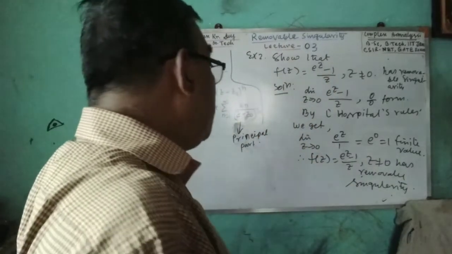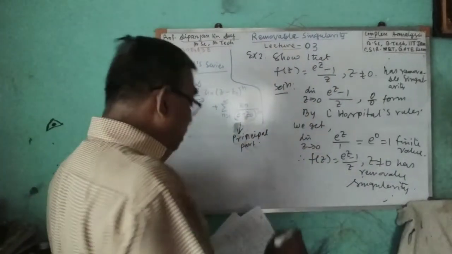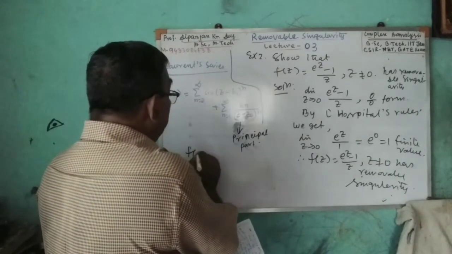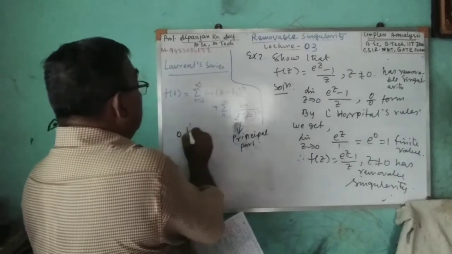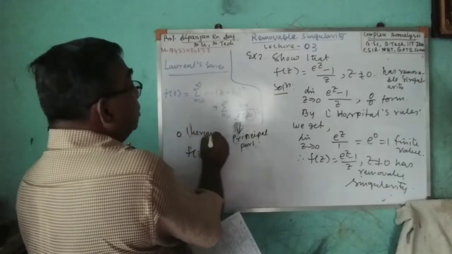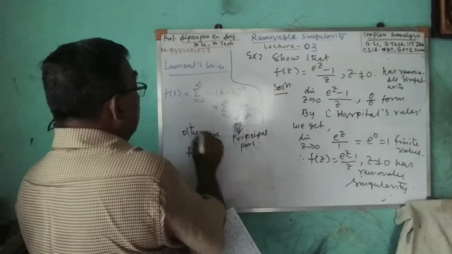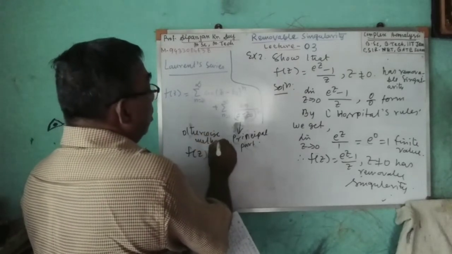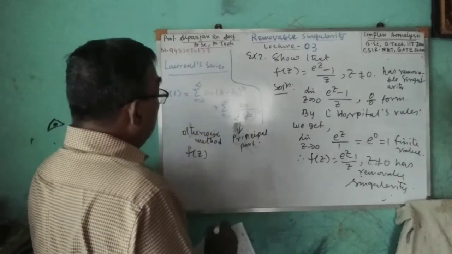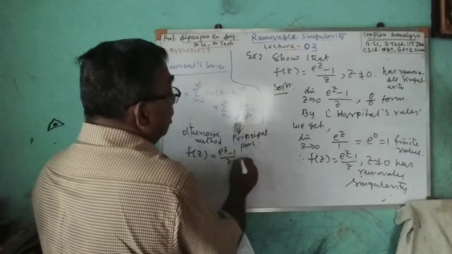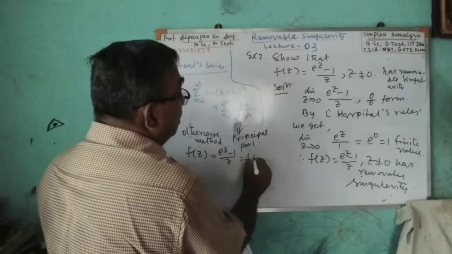Now by series expansion you can do it, otherwise method. f(z) equal to (e to the power z minus 1) by z. That means 1 by z I am taking here.